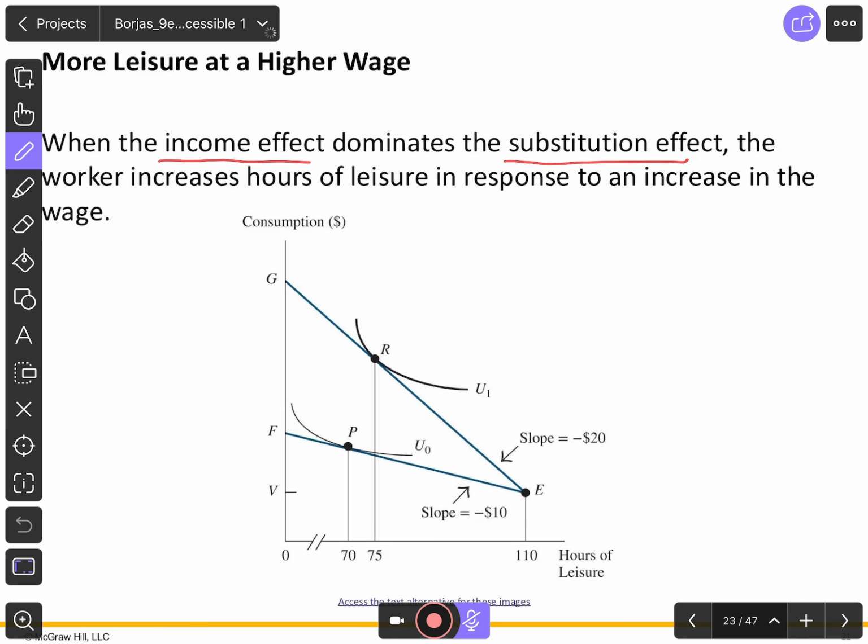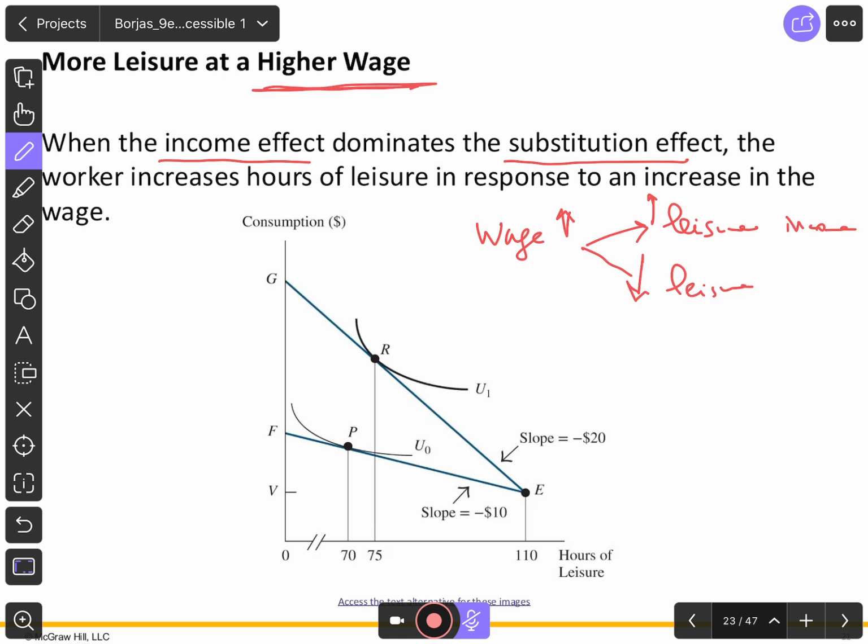Now let's discuss labor income. Let's discuss what happens when wages increase. When the wage goes up, I can buy more leisure, or I can buy less leisure. If I buy more, then this is called the income effect.